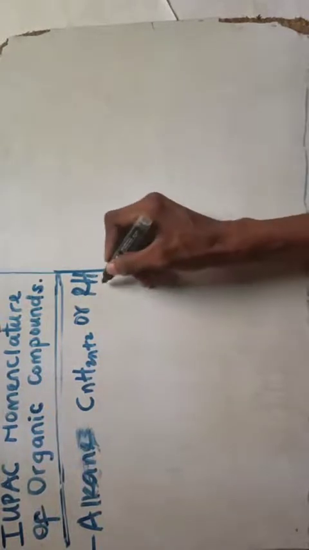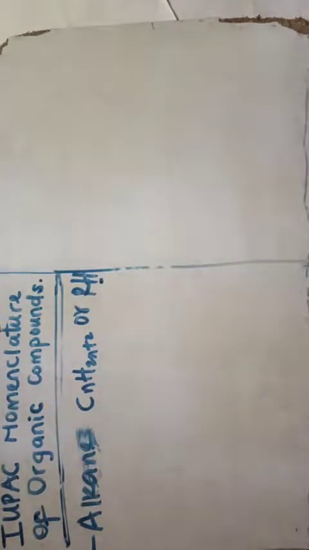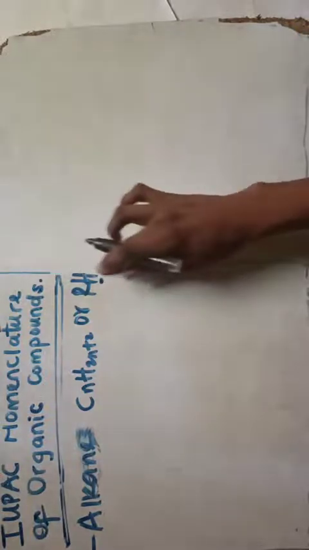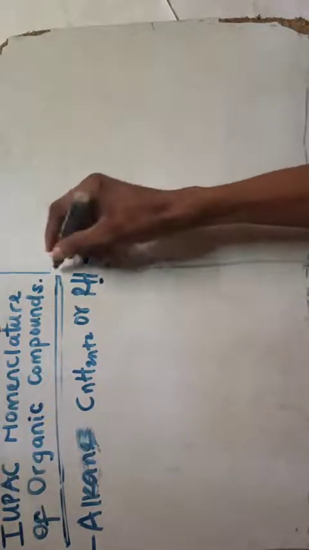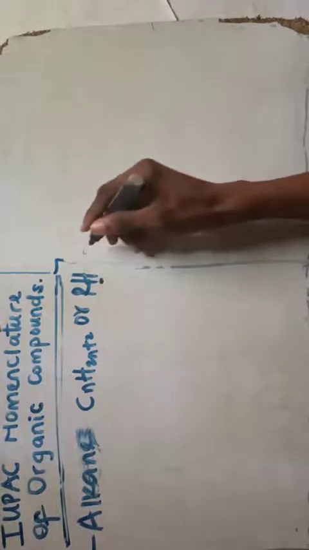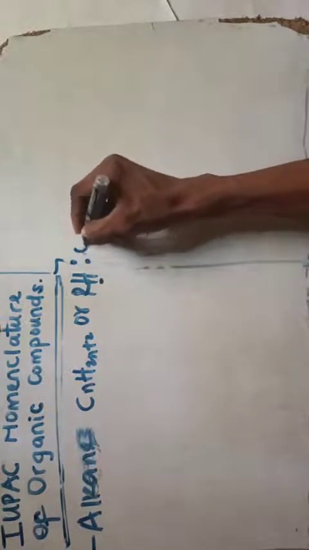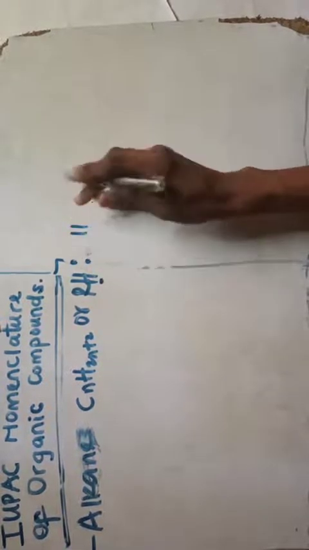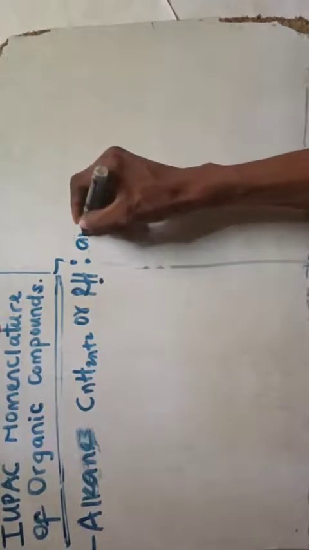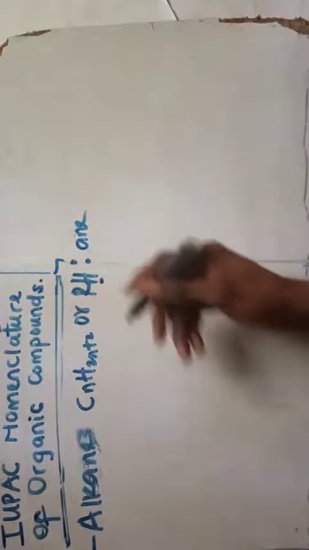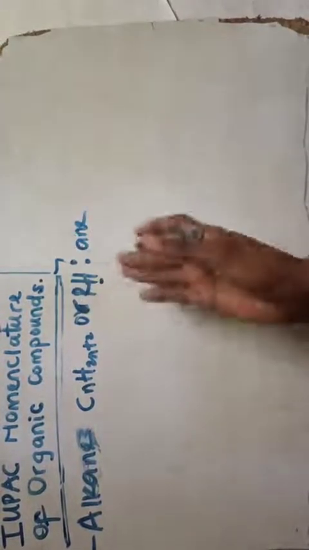The functional group is just H in this case. And don't forget the name ending is ane. Alkane does not have a functional group; it just contains hydrocarbon.